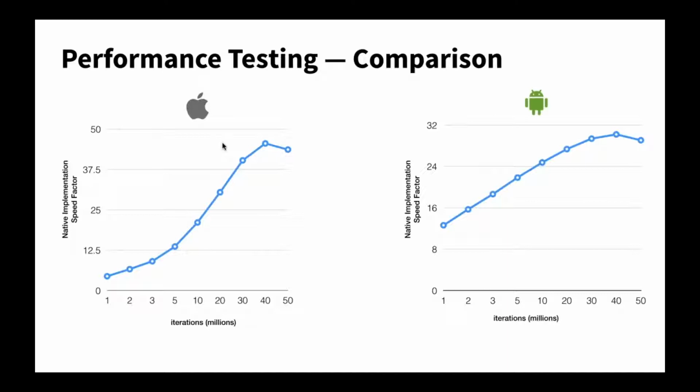So we see here that on the Android side, the native implementation was not as fast, but the range of how fast is smaller. Some of this could be tied to the actual JavaScript interpreter being used in the iOS case versus the Android case. But we see here that the native implementation certainly is faster by a pretty significant degree.